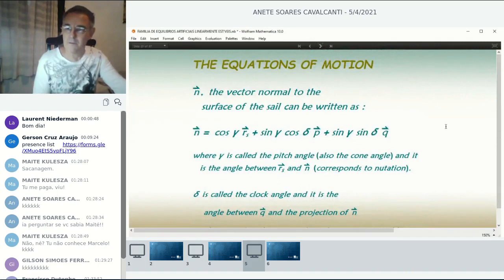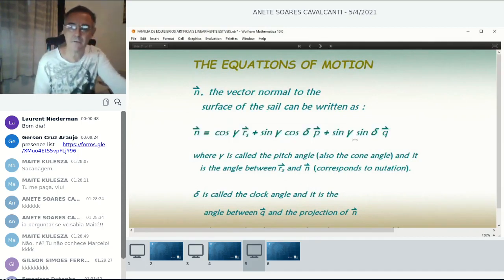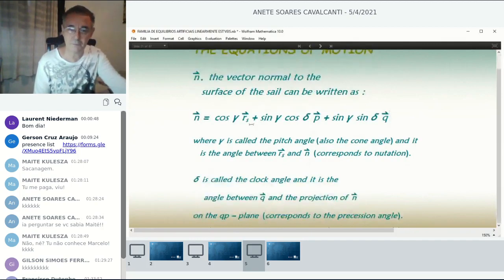All right, so we have to find out the expression for the normal vector in this new system of coordinates. And it ends up after some computations that the normal vector is given by this expression in the system RPQ, where the angles gamma and delta are the ones shown in the picture.